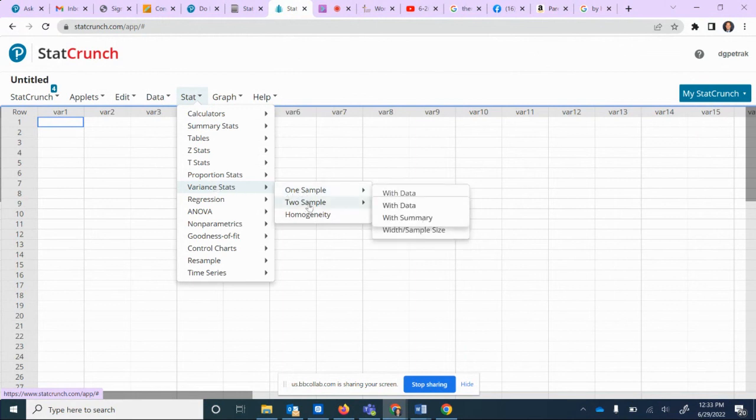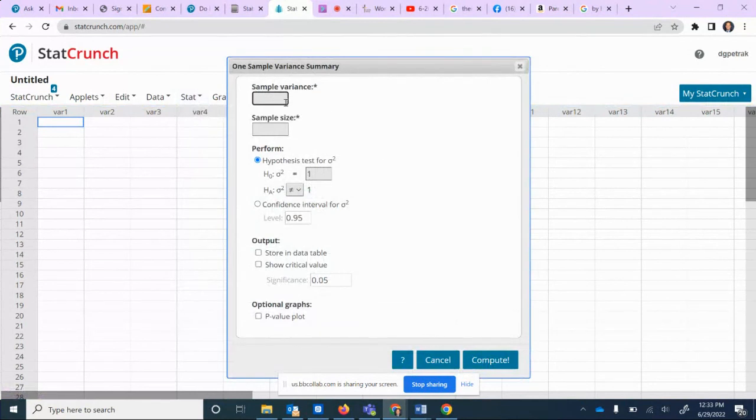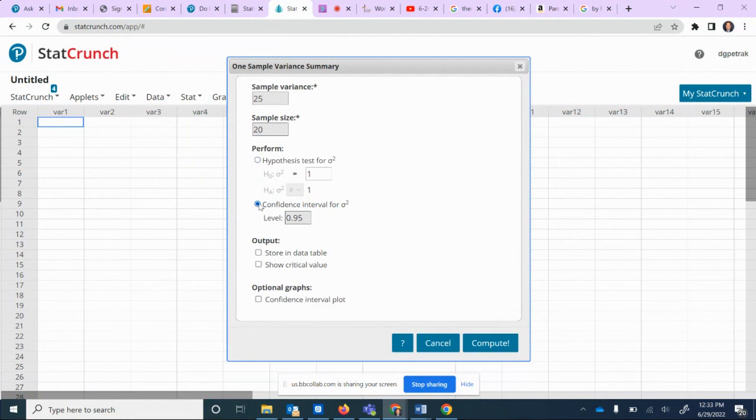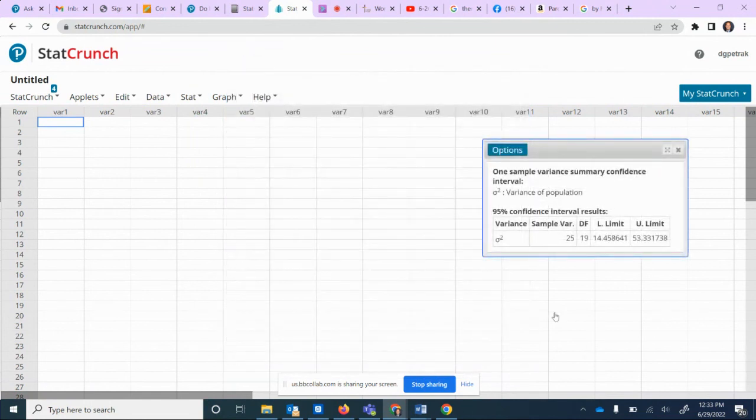Is it one sample or two samples? So if it's one sample with summary, you can type in the variance. Let's say it was 25, sample size was 20, and let's do a confidence interval, and 95%, and there it is. Something like that.